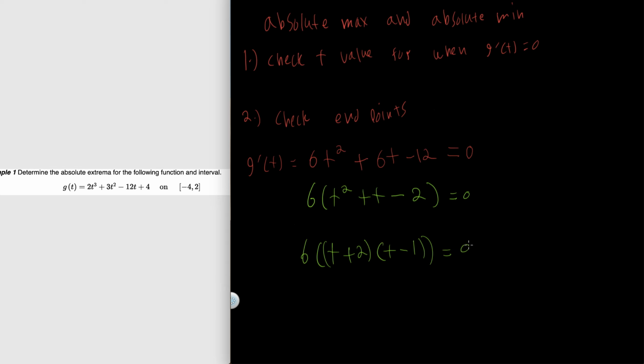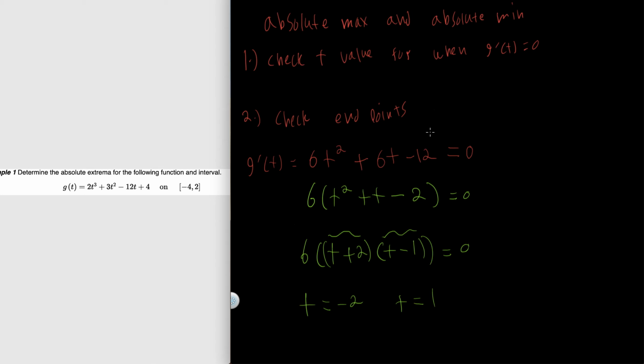So let's see what t values we get. Well, if this portion of this expression is 0, then the whole thing is 0. And also if this portion is 0, then the whole thing is 0. So t could be negative 2, right, to make the whole thing 0, and t can be 1. So our two critical points that we need to check are 1 and negative 2, along with our endpoints.